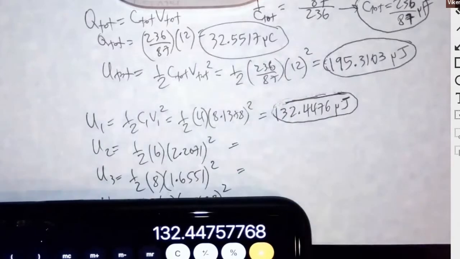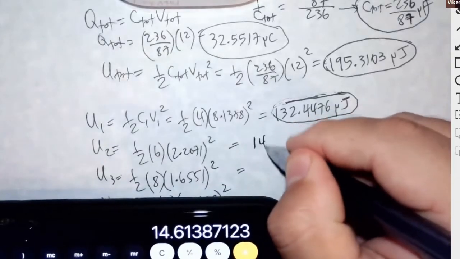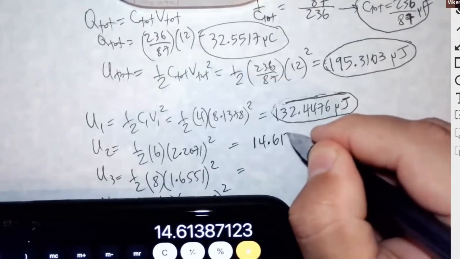Okay, and then this one is 3 times 2.2071 squared. 14.6139.